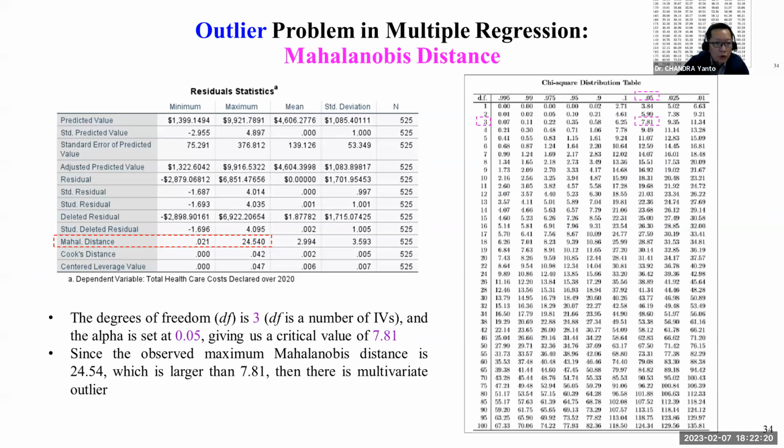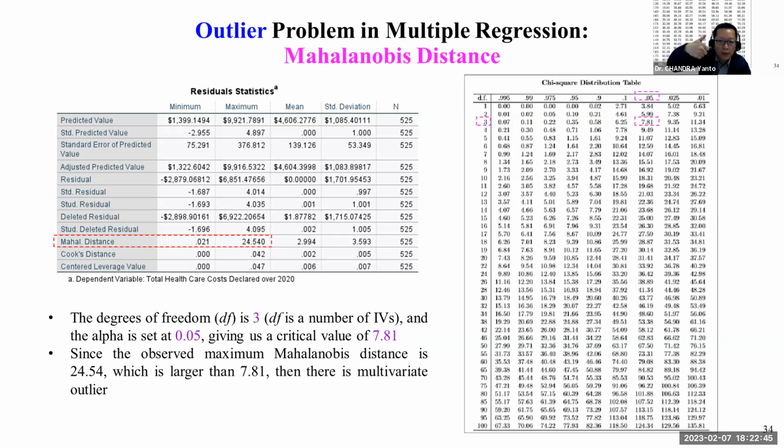There's also the Mahalanobis distance. We're not going to look at it in detail, but when you do your regression, it will produce the Mahalanobis distance. Looking at the table there that I highlighted in a circle in red, and looking at the chi-square distribution table, which you can download anywhere, just type chi-square distribution. We are using a significance value of 0.05, and you have 3 variables here.